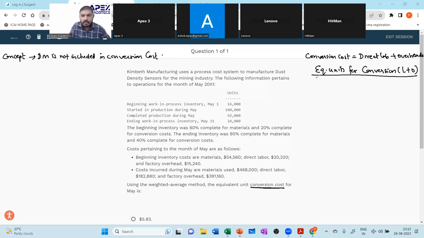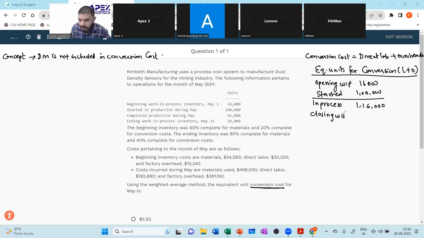What is your opening stock? Your opening stock is 16,000 units. How many units you started in this period? 1 lakh units you started in this period. What are the number of units in process or under manufacture? In process, you are having 1,16,000 units.